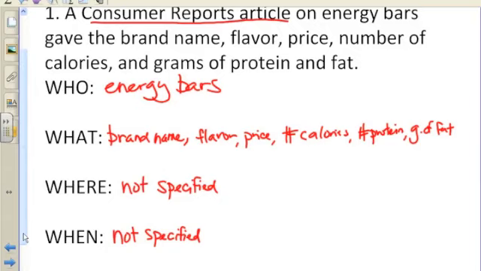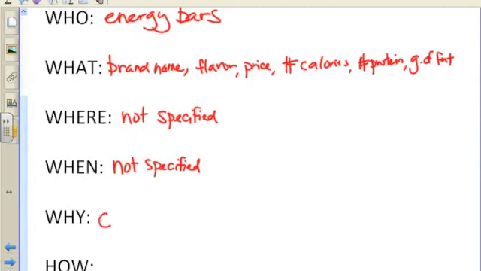Consumer Reports are for consumers, people who use these things. So if they're giving me an article about energy bars, it's probably so that as a consumer, I can make some decisions about which energy bar to buy. Maybe based on the price, maybe based on the amount of protein or the amount of fat. So this is really for consumers to compare the energy bars. That's the purpose.